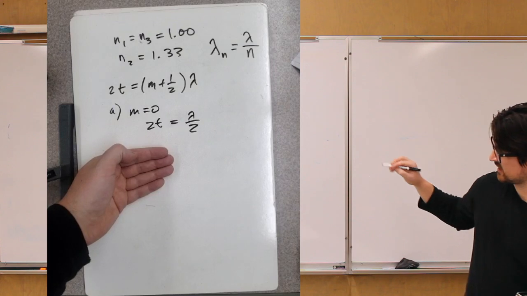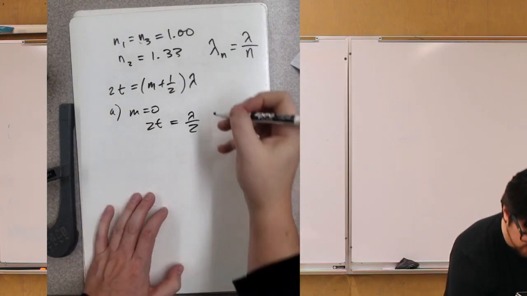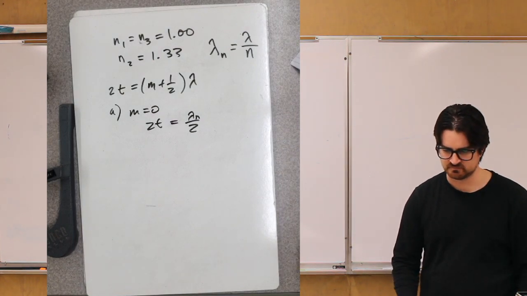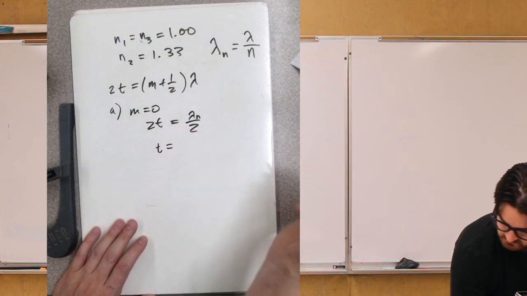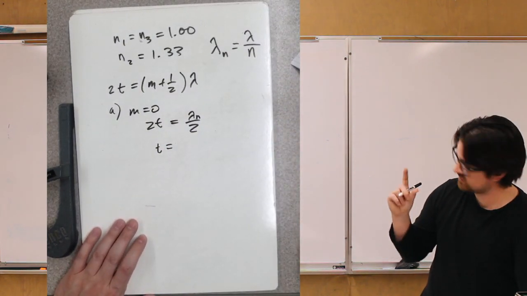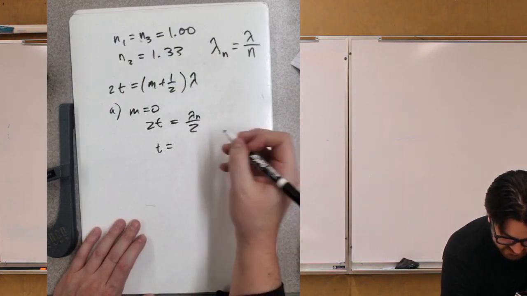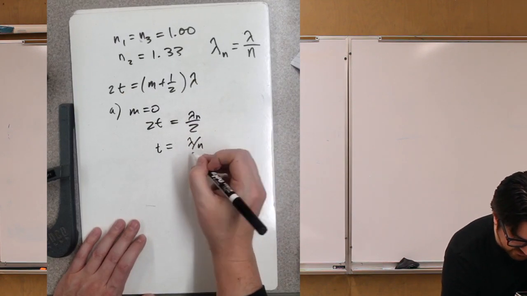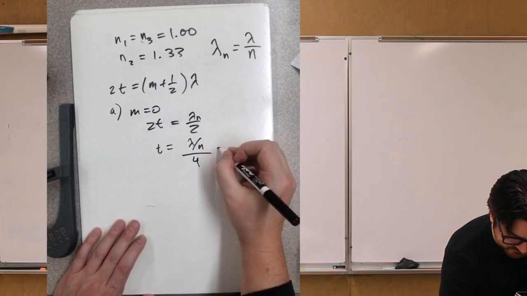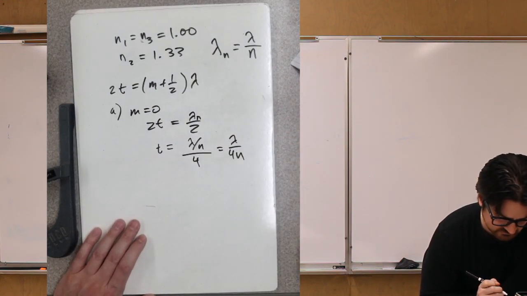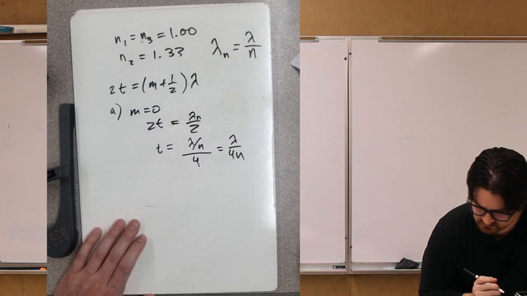So in A, we're talking about the light moving through the thin film. The wavelength of the light there is actually its wavelength in the medium. So the thickness for this film, the thinnest it could be to get constructive interference, is just lambda over n, move the 2 over, lambda over 4n.